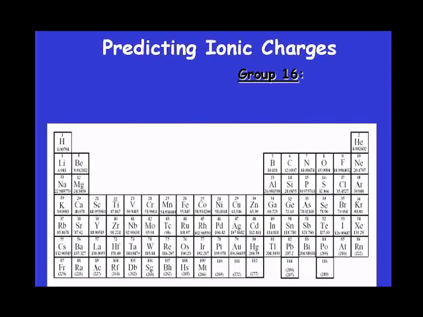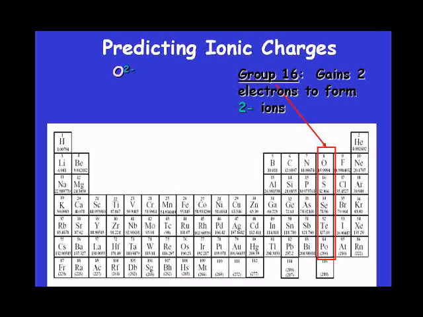Our group 6A or 16 elements, the oxygen family, remember these have 6 valence electrons, and they're nonmetals, so they're going to want to gain 2, resulting in O2-, S2-, and Se2-. Keeping the base or the root, we have oxygen becomes oxide, sulfur becomes sulfide, and selenium becomes selenide.